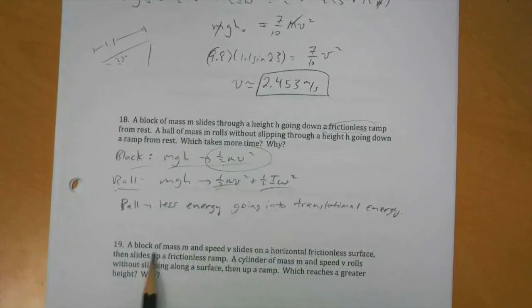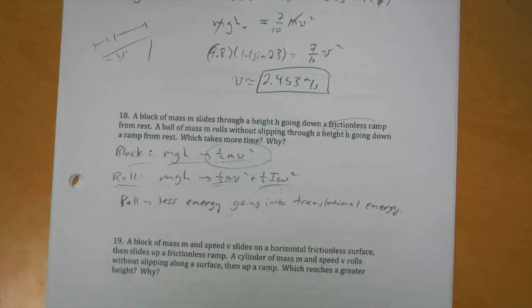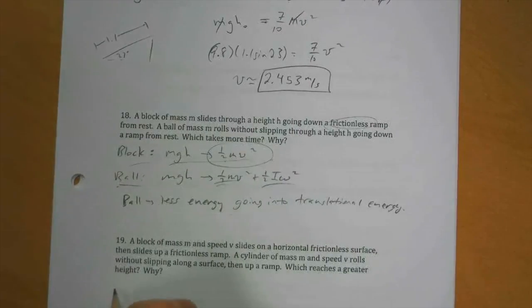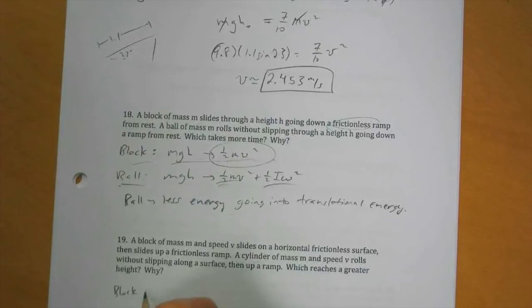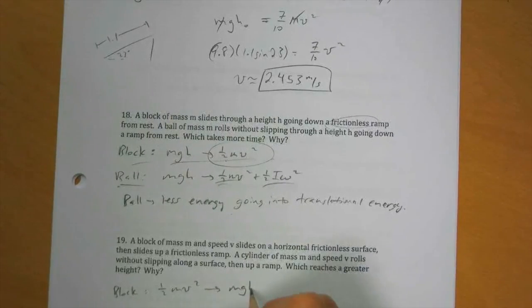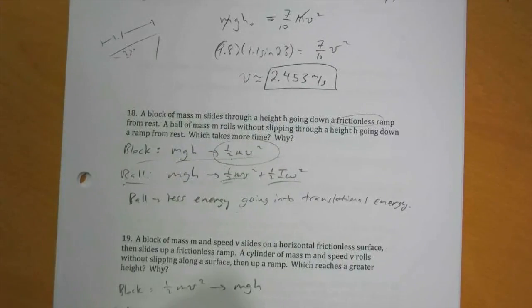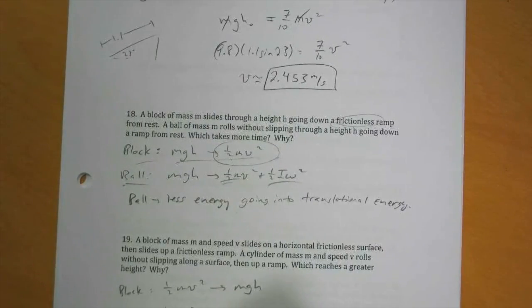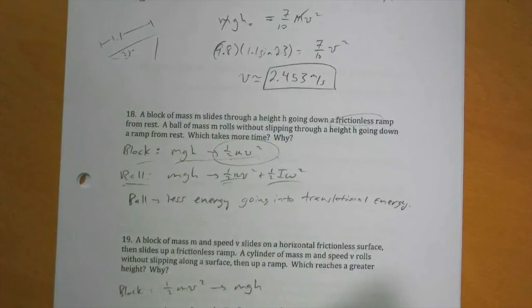Say a block of mass m and speed v slides on a horizontal frictionless surface, then slides up a frictionless ramp. A cylinder rolls without slipping at the same speed, then up the ramp. Which reaches a greater height? Well, for the block, we've got 1/2 mv squared turning into mgh. For the cylinder, it's rolling, so we've got 1/2 mv squared and 1/2 I omega squared turning into mgh.